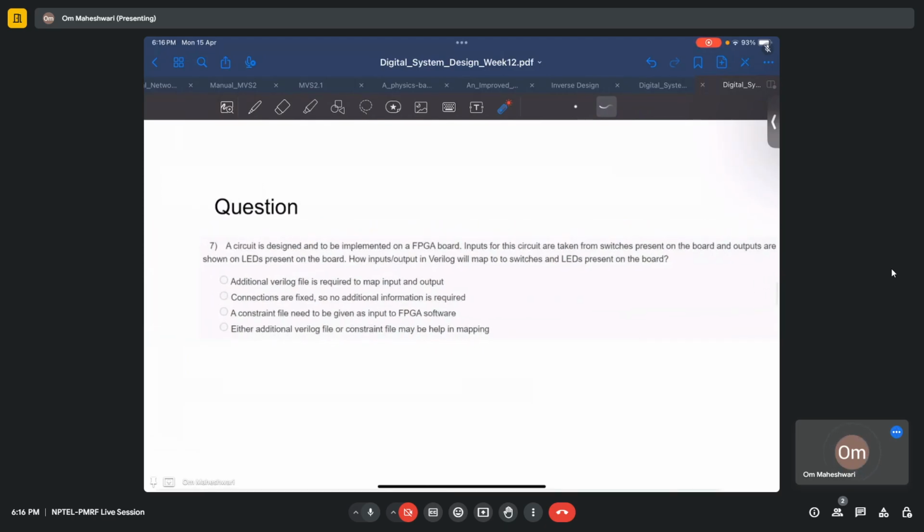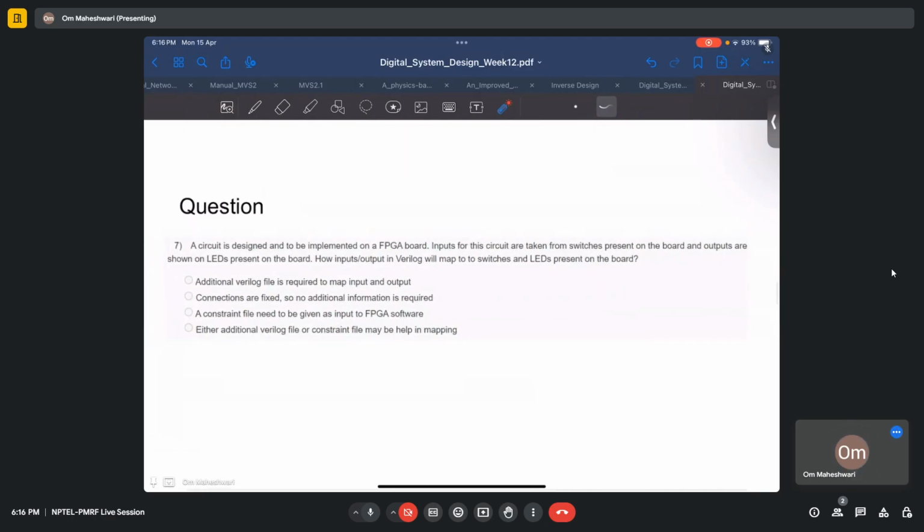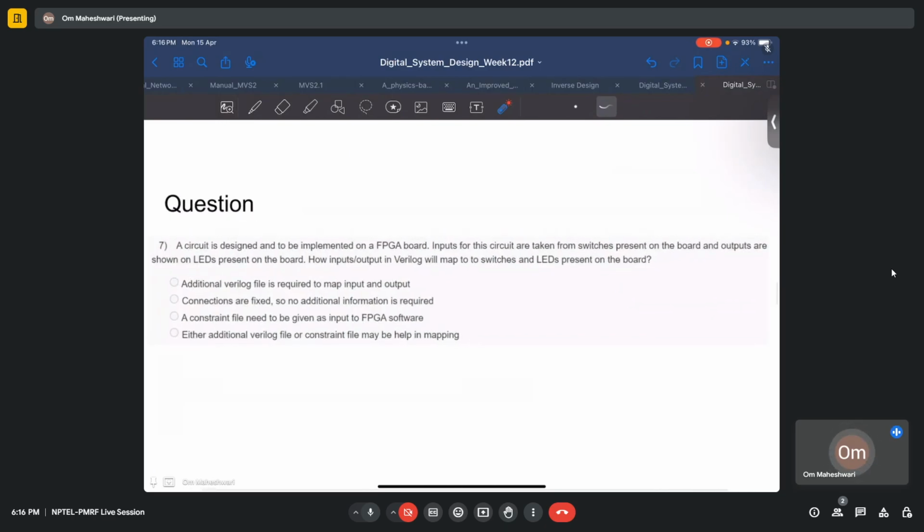Next question. A circuit designed and to be implemented on an FPGA board. Inputs of the circuit are taken from switches present on the board and outputs are shown on LEDs present on the board. How will input outputs in Verilog map to the switches and LEDs present on the board? If you remember the video, we had LEDs like U19, U13 at different pins of the actual chip.